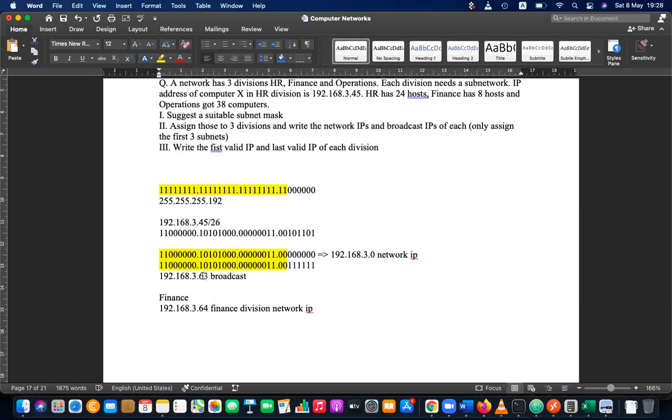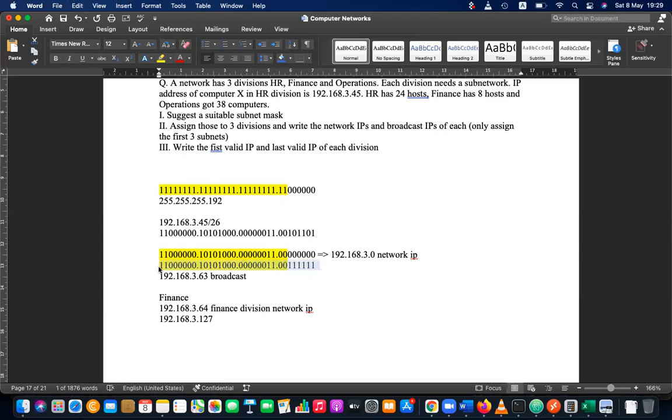What is the broadcast? 192.168.3.127. Correct.